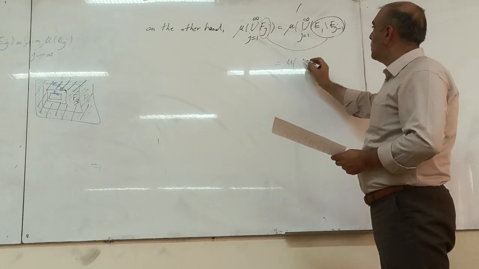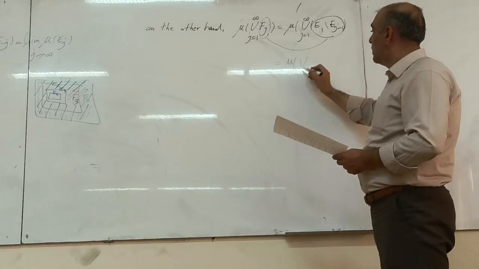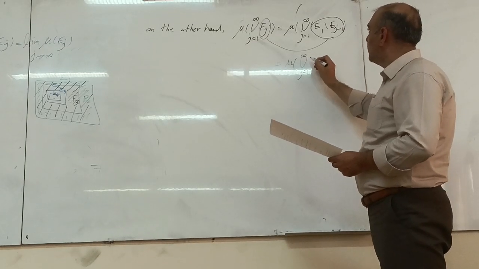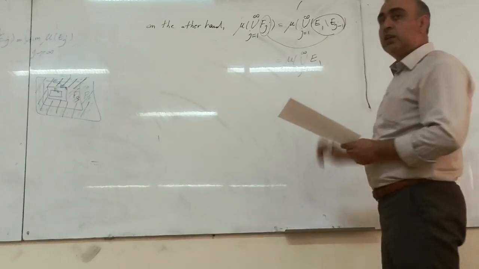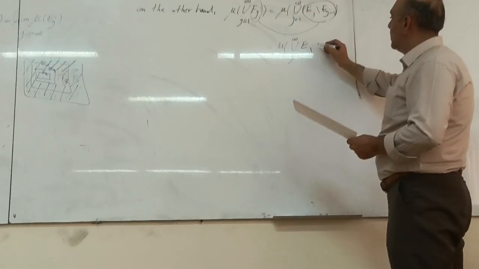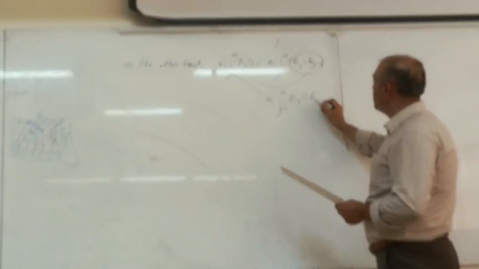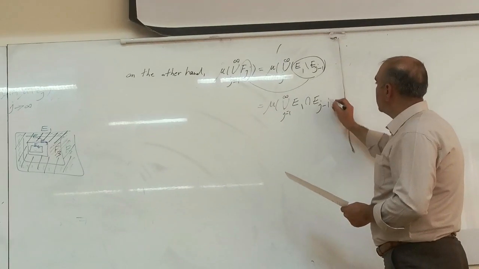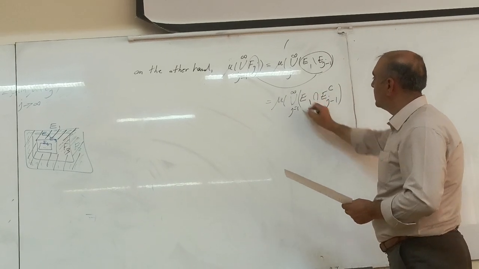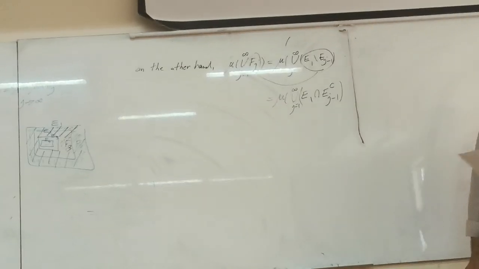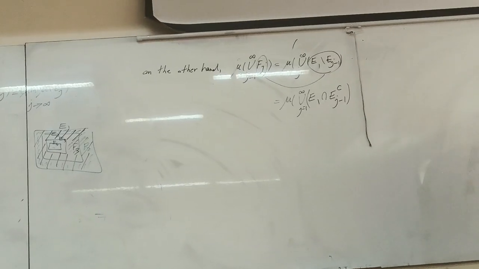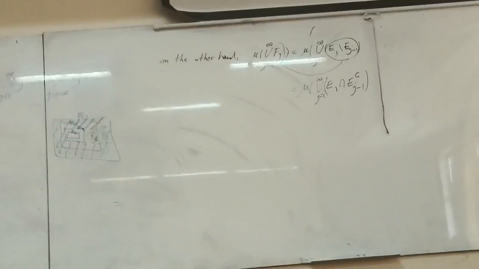This is equal to union j from 1 to infinity of E1 intersect Ej minus 1 complement. Can you accept this?